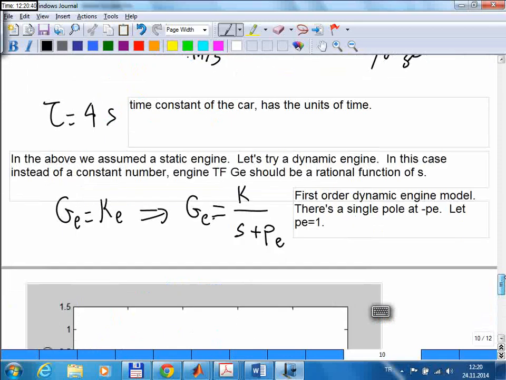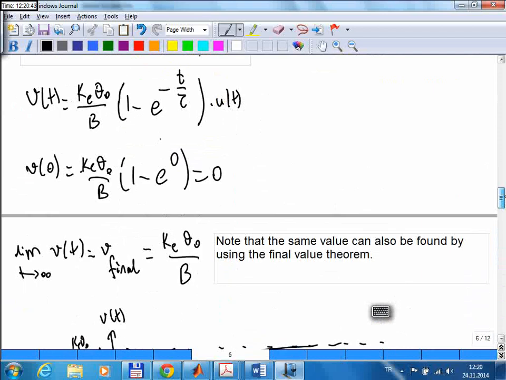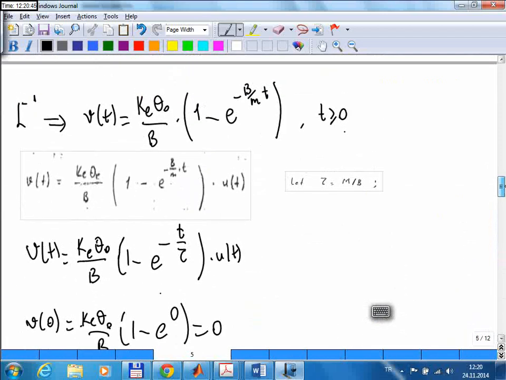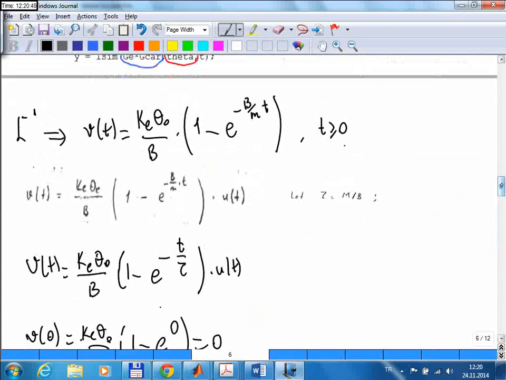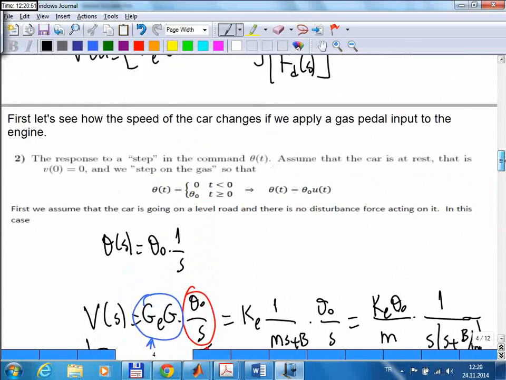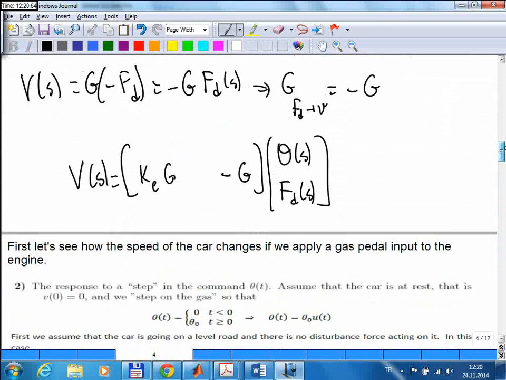But this is so if the car equation is really given by this equation, right? Or if the car transfer function is exactly equal to this transfer function.